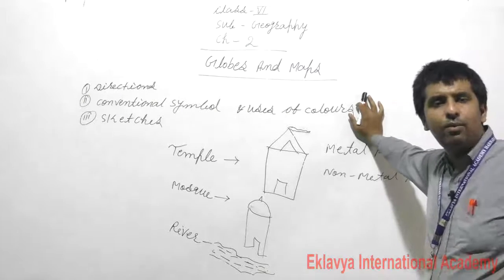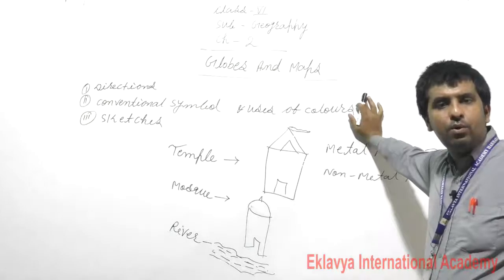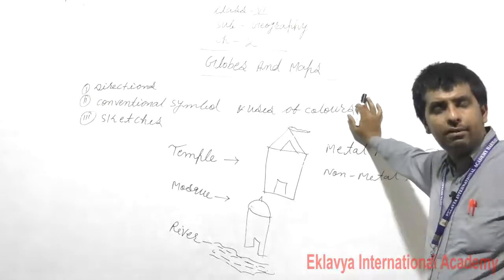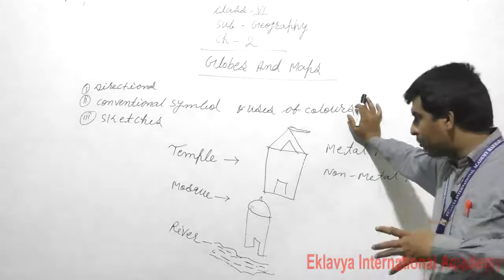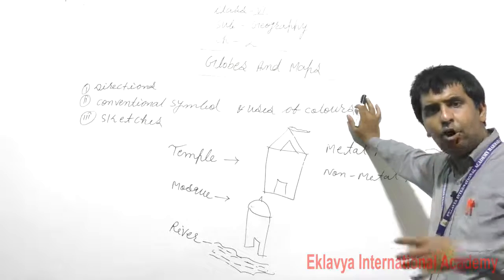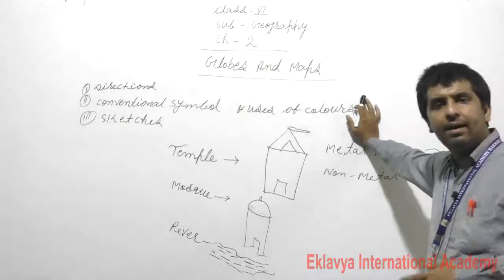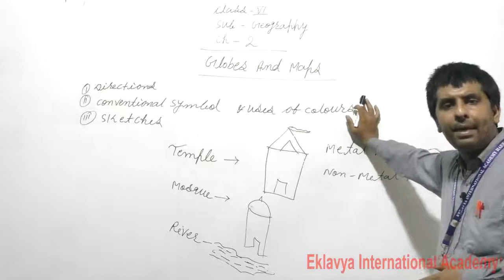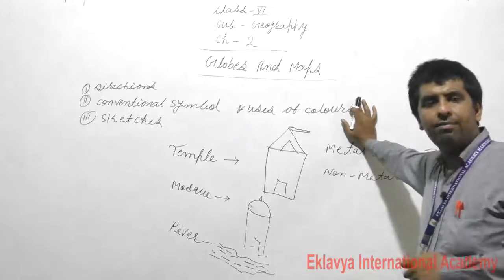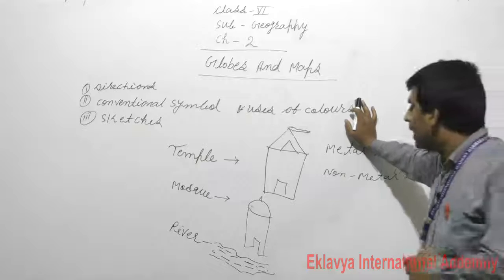Like this, if you want to find a post office, you have to see a red color, in red color a big round of iron shape.